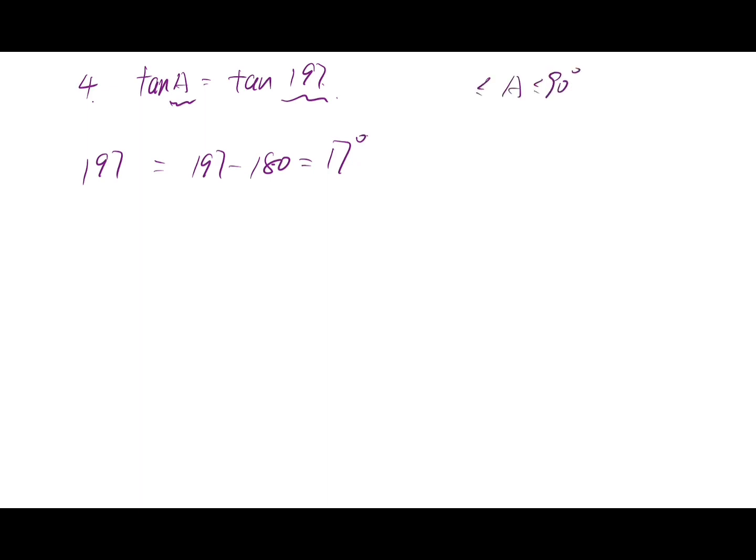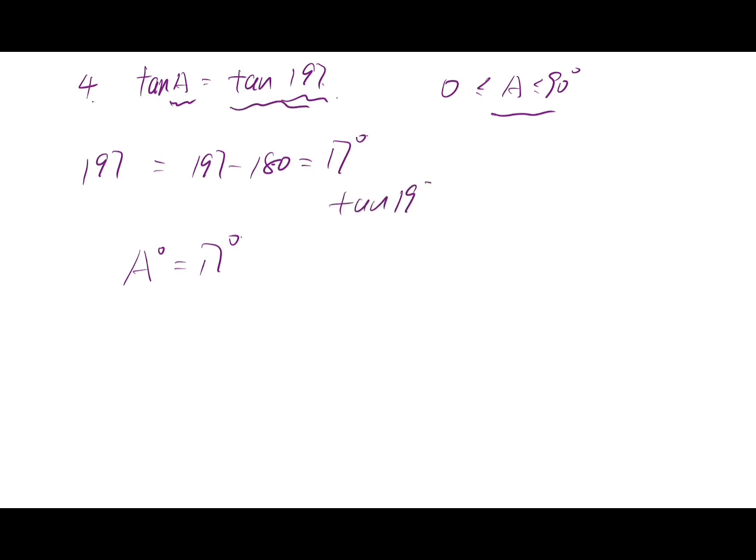Okay, number 4, and we need to find A where tangent A equals tangent 197. First, let's find the reference angle. For 197, the reference angle is 197 minus 180, which is 17 degrees, and because A is between 0 and 90 degrees, we can find A is 17 degrees.